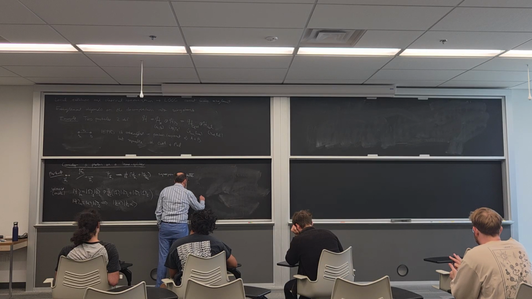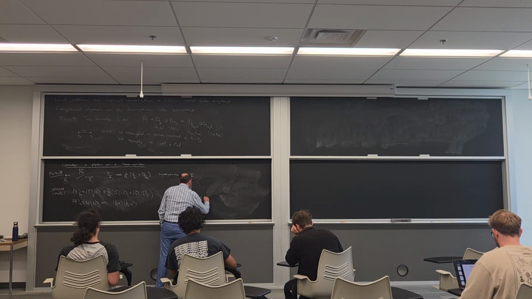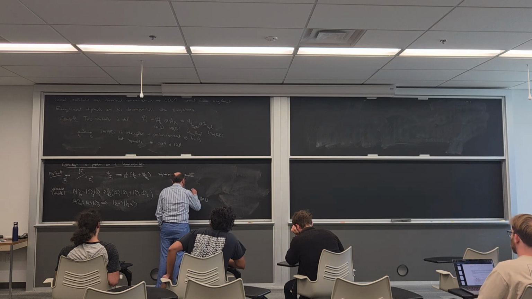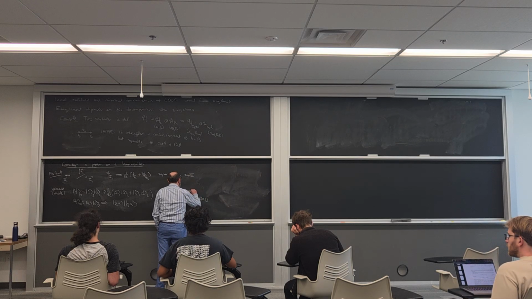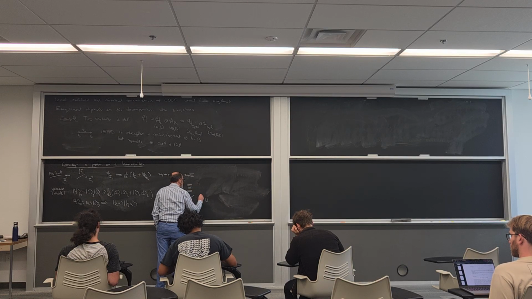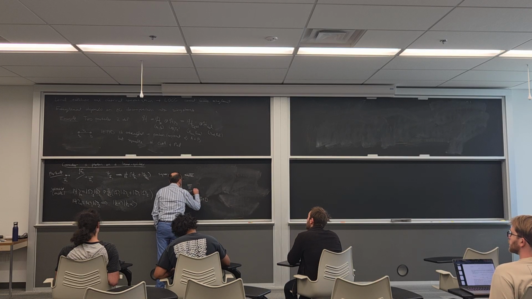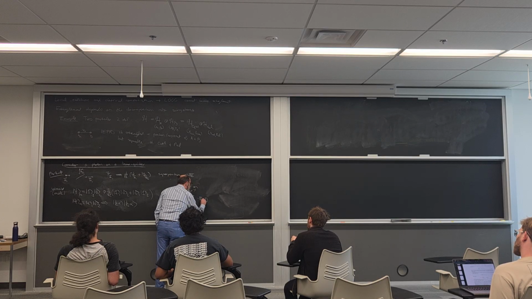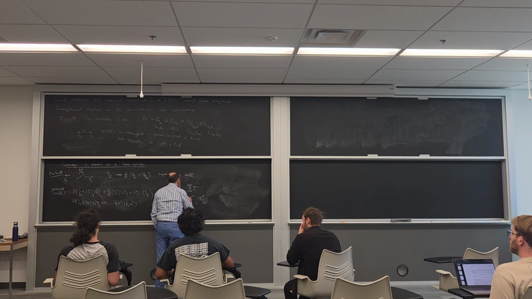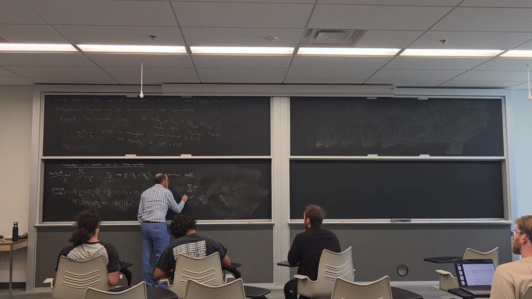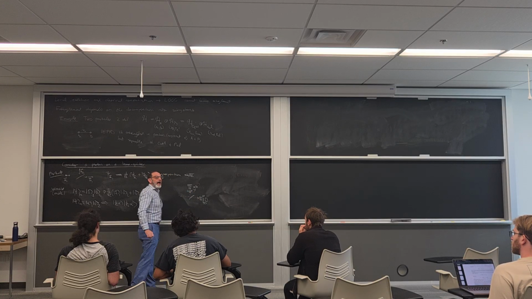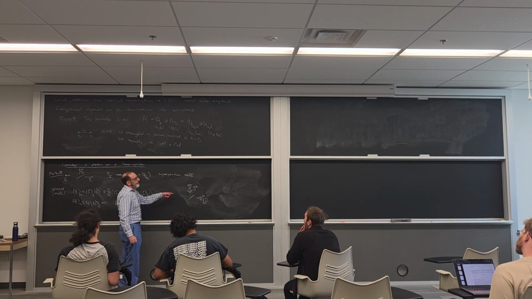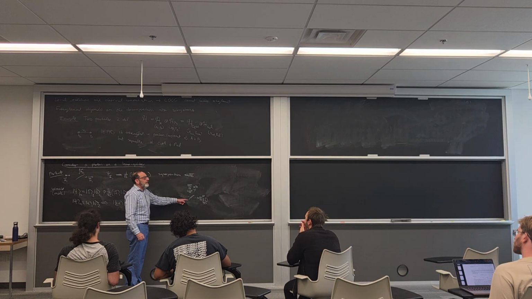two optical cavities in which I have placed a two-level atom, which has a ground state and an excited state. And suppose I prepare the atom in both of these cavities in the ground state. And then I put this single photon on the beam splitter.